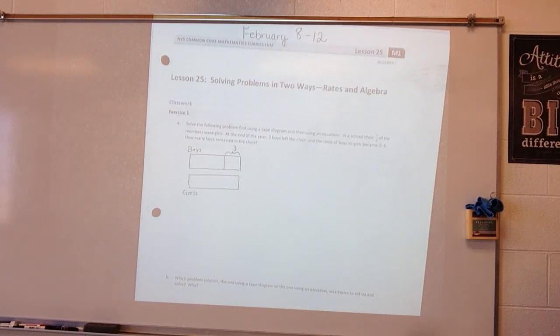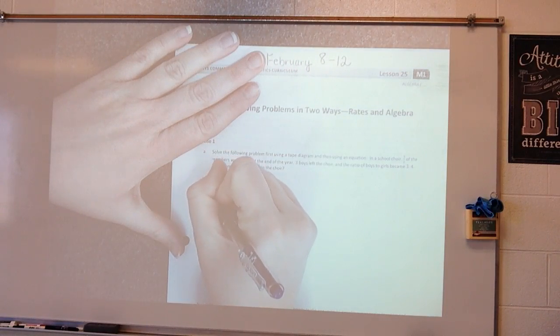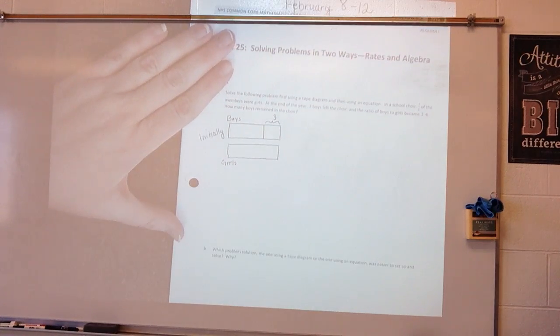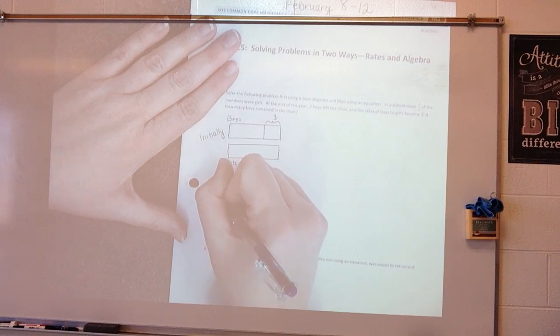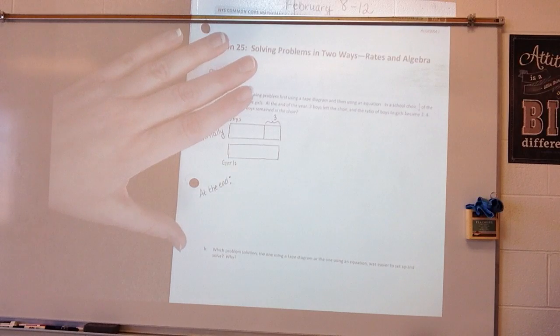At the end of the year, the ratio of boys to girls became 3 to 4 once those 3 boys left. So let's think about this. This was initially, in other words, that's when we started. And then at the end of the year, this is what it's going to look like.